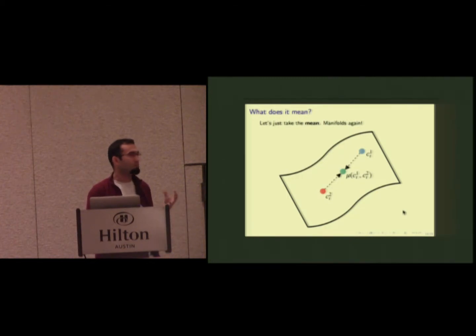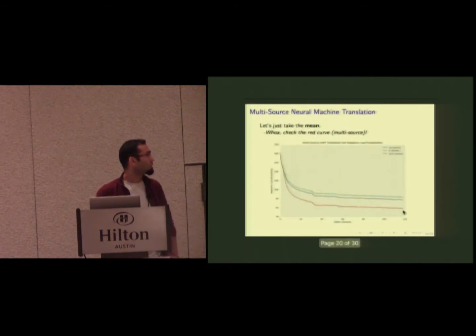And if this space is a manifold, the close by points should also lie in the manifold. And we saw some improvements, a huge improvement actually, when we just take the mean and feed it to the decoder as if it was coming from a single encoder.